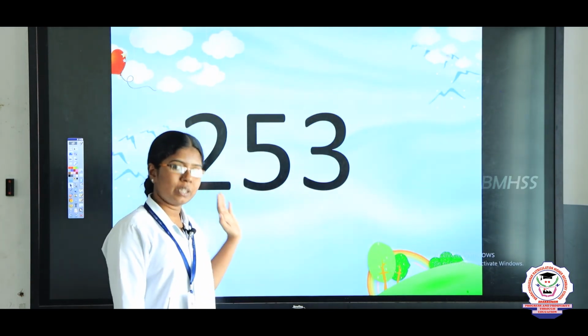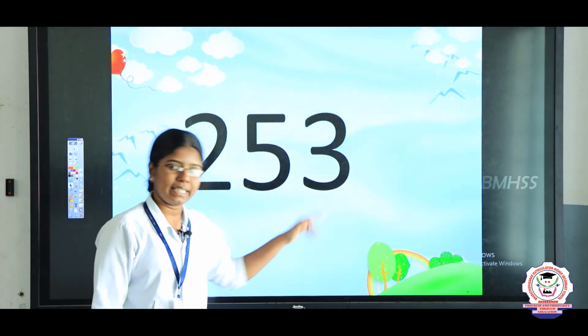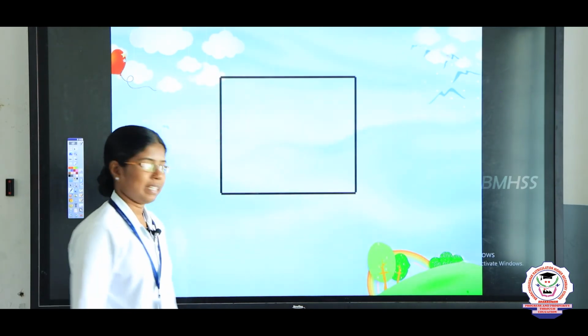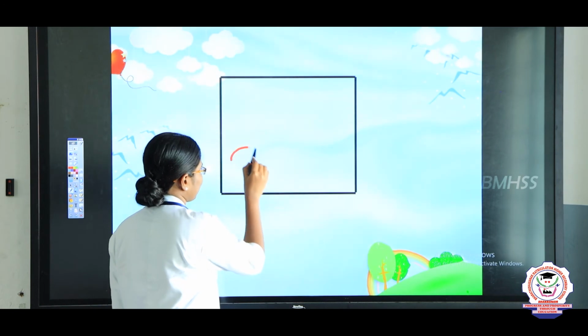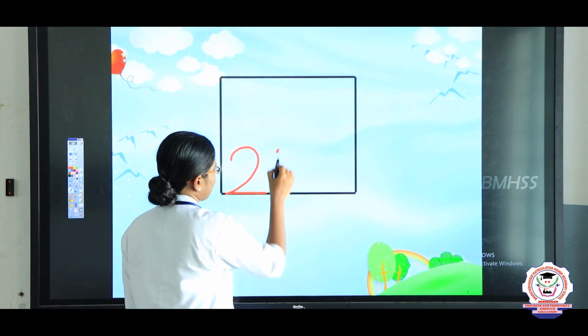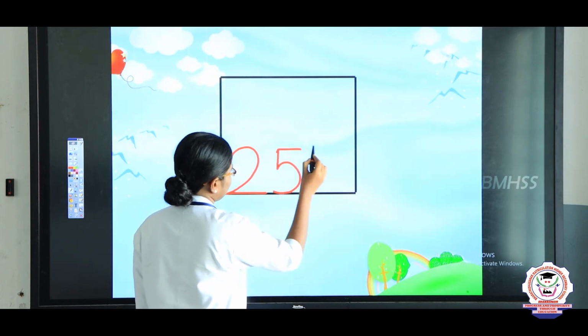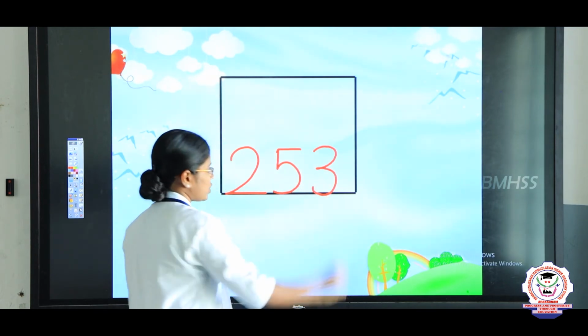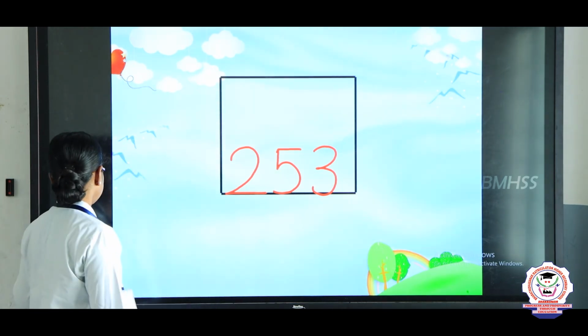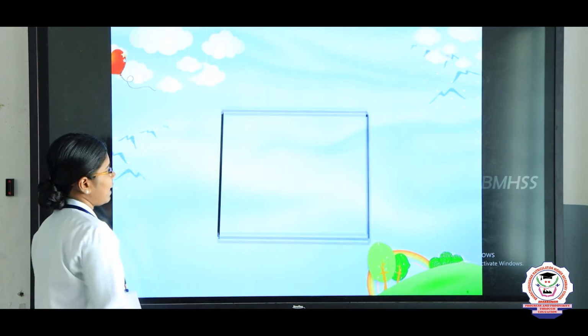Join together. 253, right? Let's write the number 253, okay? Look at the board carefully and then write the numbers neatly, okay? 2, 5, 3. 253, okay? Good dears.